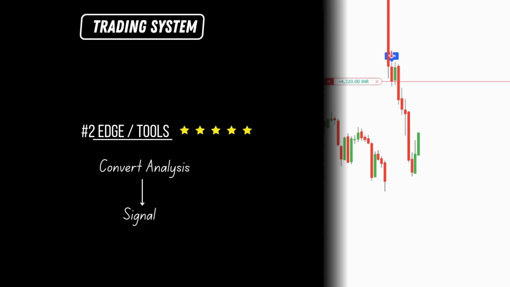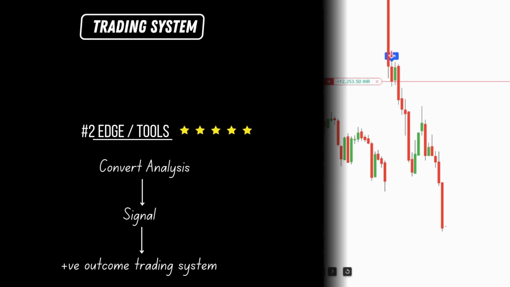But how do you actually convert that into a signal that makes your trading system generate a positive outcome? Now this is very important, positive outcome over a large number of trades. So suppose you take 100 trades, in that 60 or 40 or at least 50% of them give you a positive return. This is the edge.